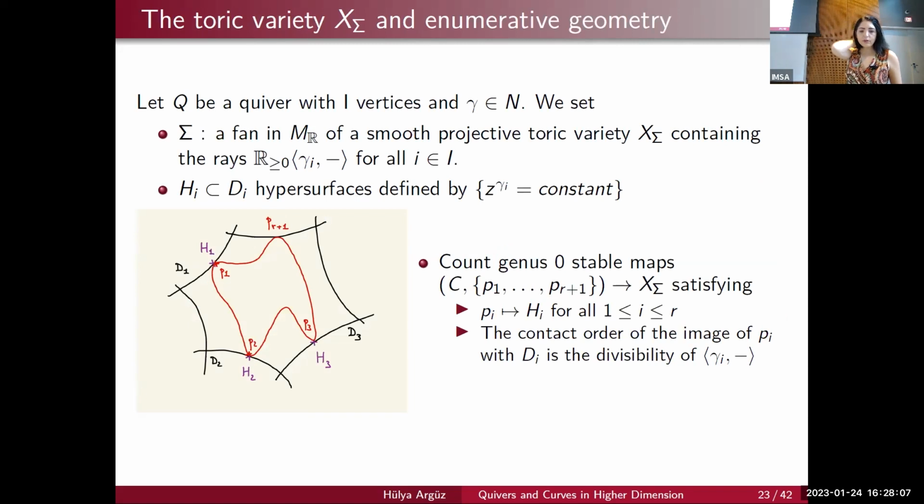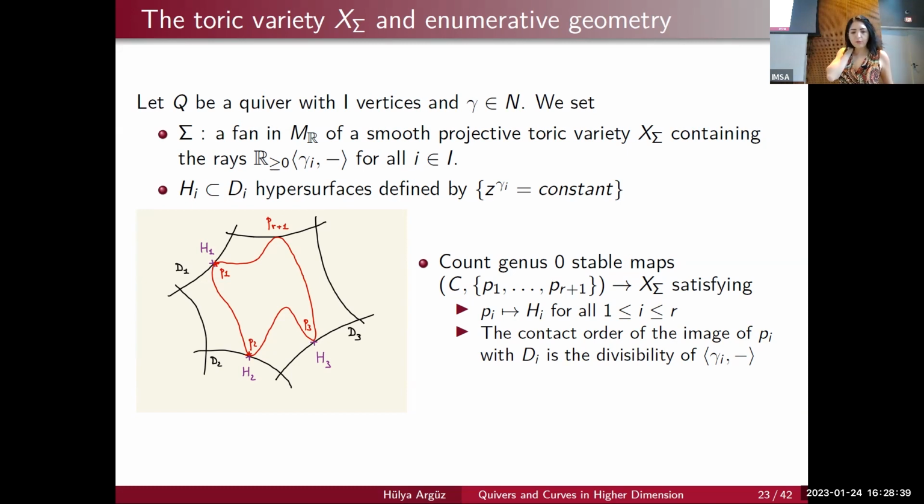So we define a toric variety out of the data of a quiver Q and gamma, an element of the lattice, as follows. We define a toric fan of a smooth projective toric variety containing all the rays R_{\geq 0} times this vector, where you take the skew-symmetric form and input gamma i, so this vector in M_R.